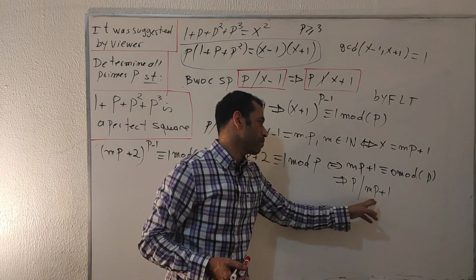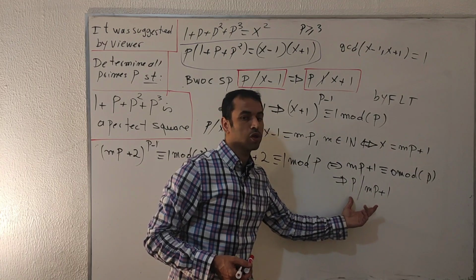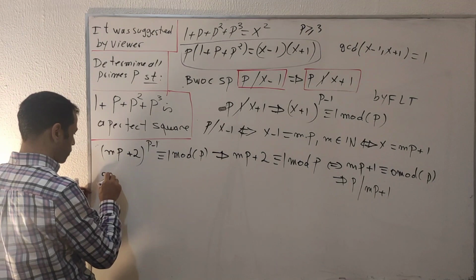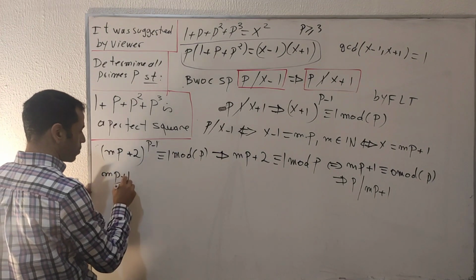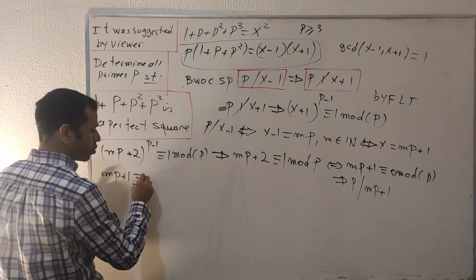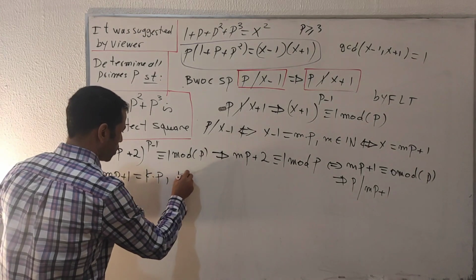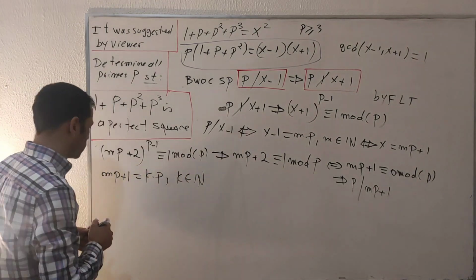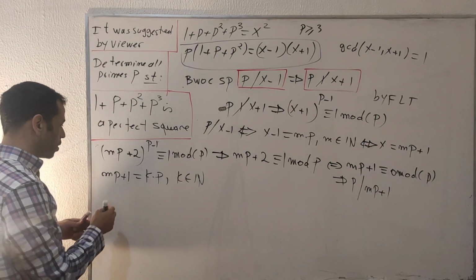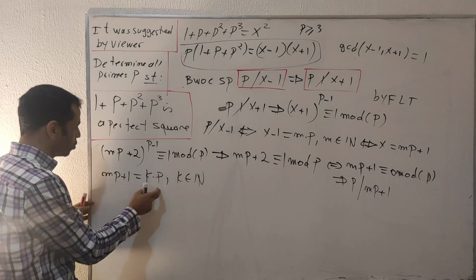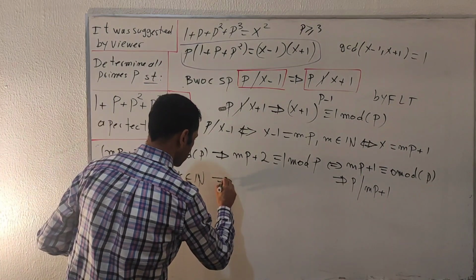If p divides mp plus 1, so according to the divisibility notion here, we'll have mp plus 1 equals k multiplied by p. What is k? It is some natural number, okay? Then I'm going to leave 1 as it is, just moving mp to the right, okay?